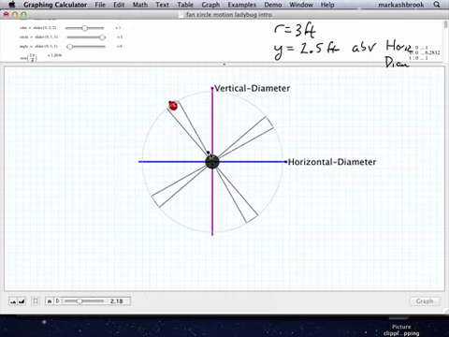What angle has the bug swept from the 3 o'clock position to get to this place in the second quadrant that's 2.5 feet above the horizontal diameter?